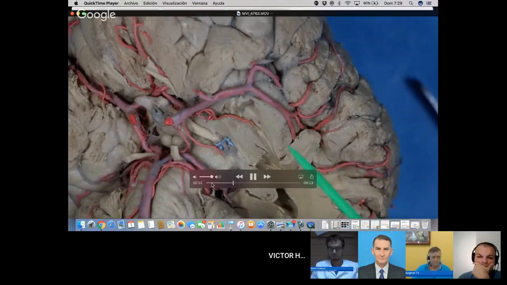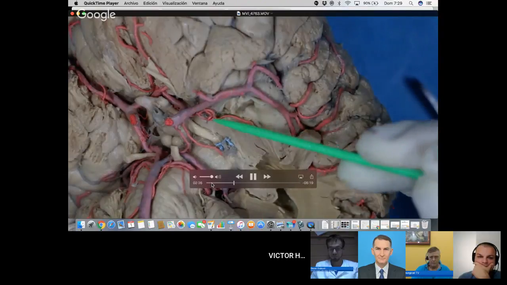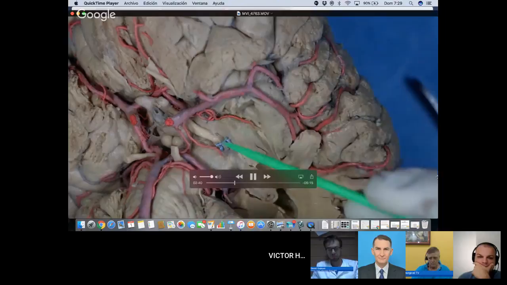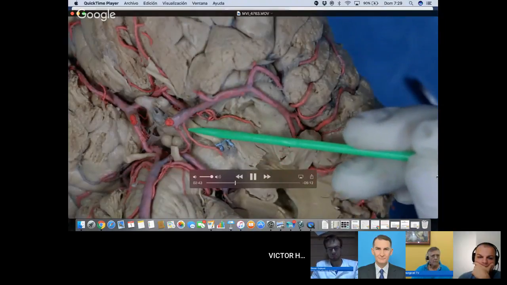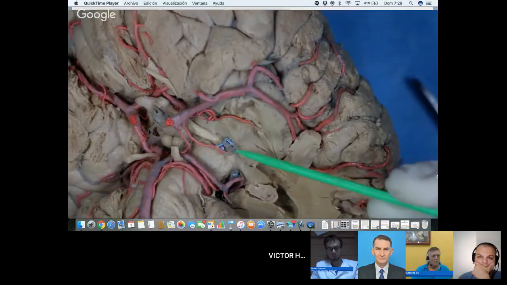This is the middle cerebral artery, lenticulo-striate arteries, choroid plexus.